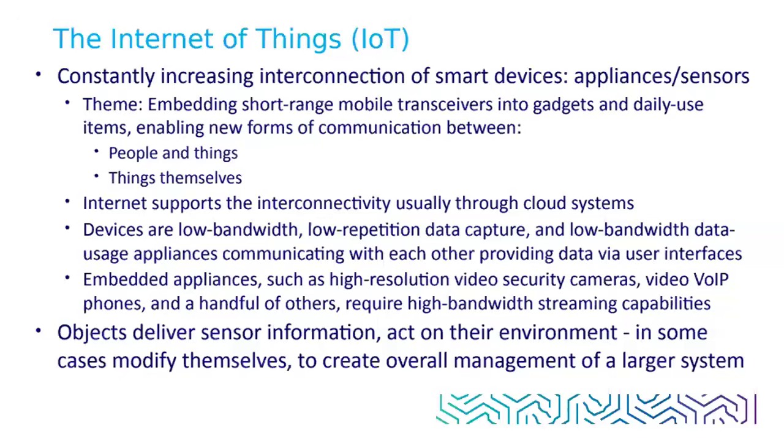So IoT will connect the physical objects so they can collect information, share information, respond automatically, and support intelligent decision making. The IoT devices will contain small communication modules. We call them transceivers, sensors, and embedded processors. These allow everyday objects to communicate wirelessly.